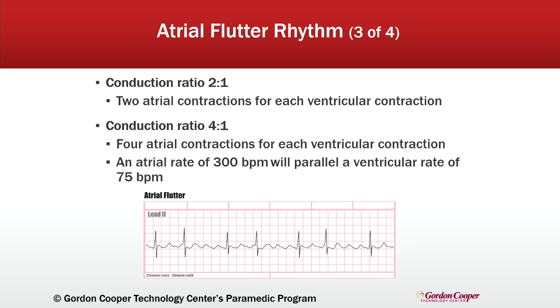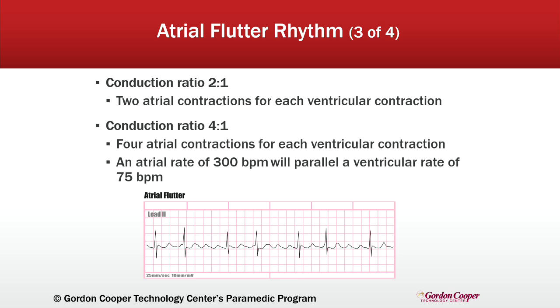Now that ratio can vary depending on how much the AV node allows the fast atrial impulses to pass through. A 2-to-1 conduction ratio means that for every 2 atrial contractions or flutter waves, you'll get 1 ventricular contraction. And that would result in a ventricular rate that's half of the atrial rate.